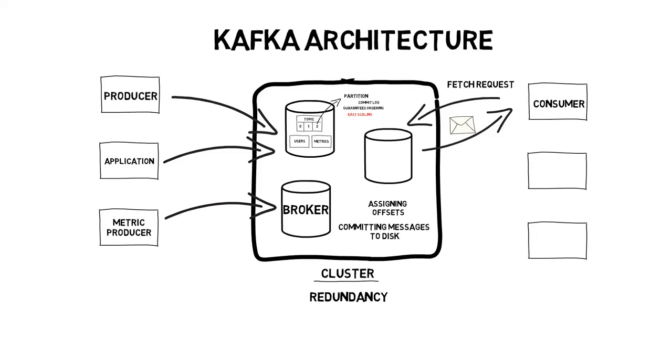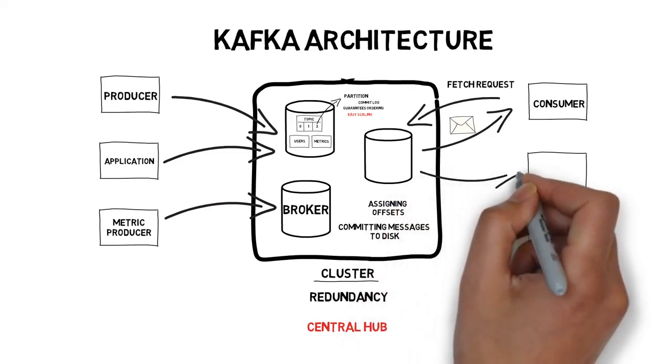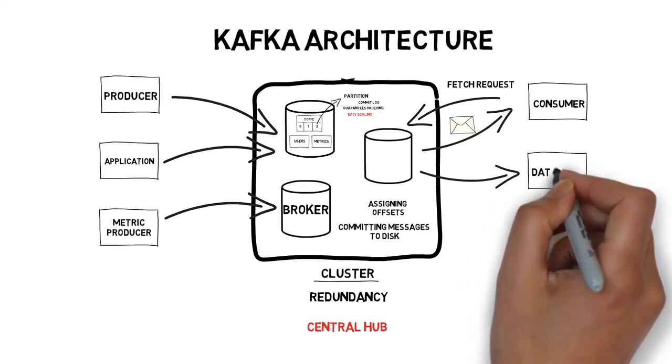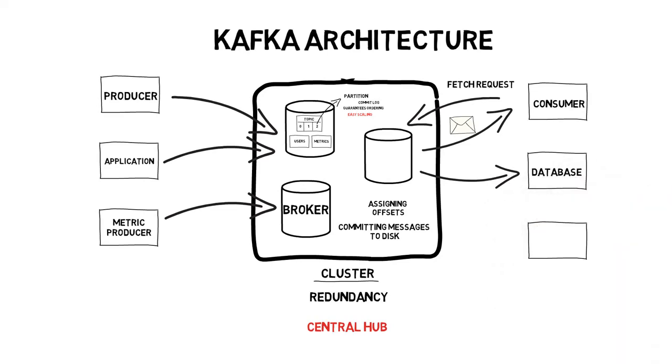As we mentioned before, Kafka very often acts like a central hub for all the events in the system, which means it's a perfect place to connect to if we are interested in a particular type of data. A good example would be a database that can consume and persist messages, or an Elasticsearch cluster that can consume certain events and provide full-text search capabilities for other applications.